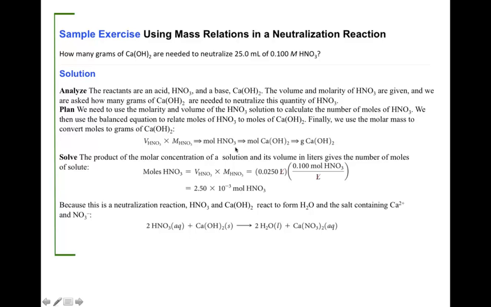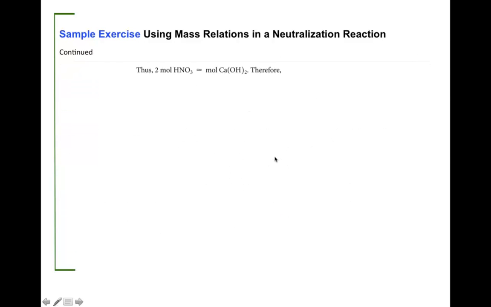So that's the ratio that we're going to use here to transform the nitric acid to calcium hydroxide. As I mentioned, 2 moles of nitric acid is going to be equal to 1 mole of calcium hydroxide. Therefore, these are the moles that we calculated before. This is the ratio, from the stoichiometry.